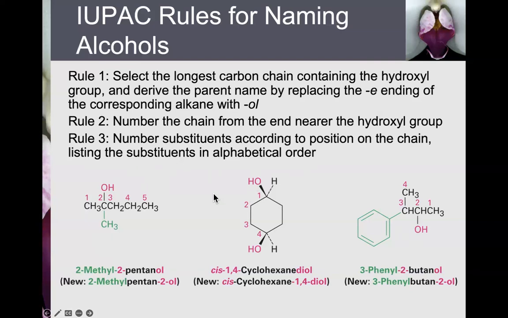And then another one. Your substituent here is phenyl. The phenyl is on your third carbon because you started counting at the carbon nearest the hydroxyl group. So 1, 2, 3, 4. So 3-phenyl-2-butanol, or 3-phenylbutanol.